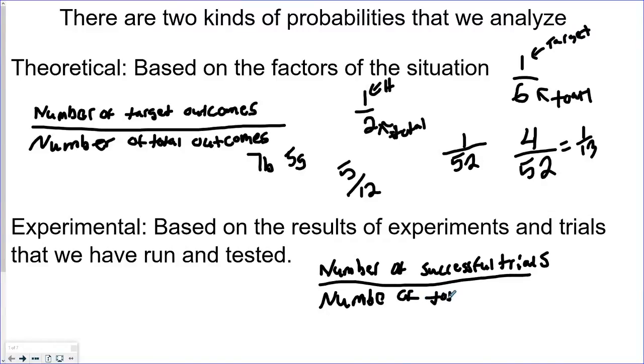Again, my handwriting is a little bit messier than normal because I'm trying to write with the mouse here. It's a little bit difficult, but bear with me. So the experimental is based on the number of times you get what you want divided by the number of times you tried.